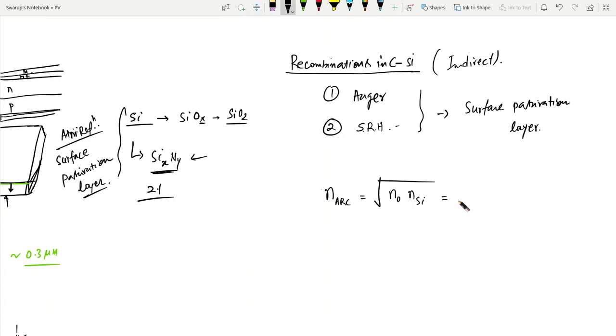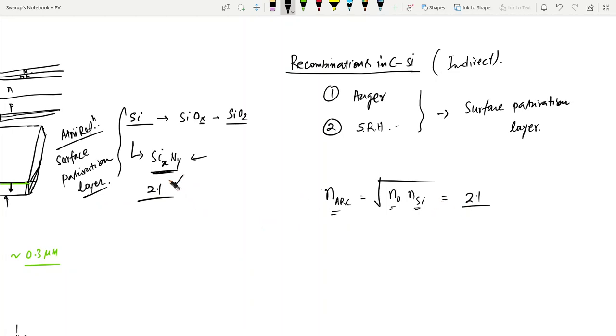So it comes roughly, air 1, silicon is how much? 4.1, right? 4.2 or similar. Roughly 4.2. So it comes around 2.1. The refractive index of silicon nitride also is 2.1.